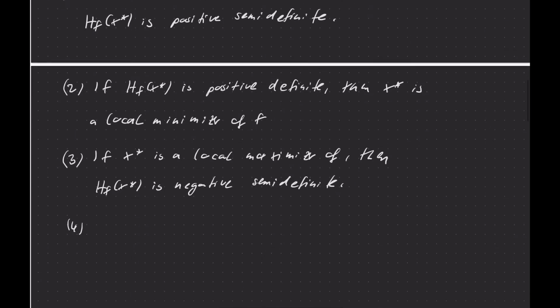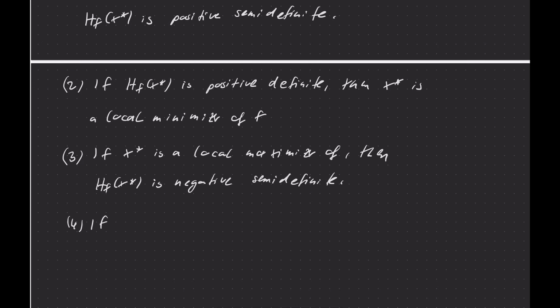And part 4, if the matrix is even negative definite, excluding the semi case, then x star is a local maximizer of f.